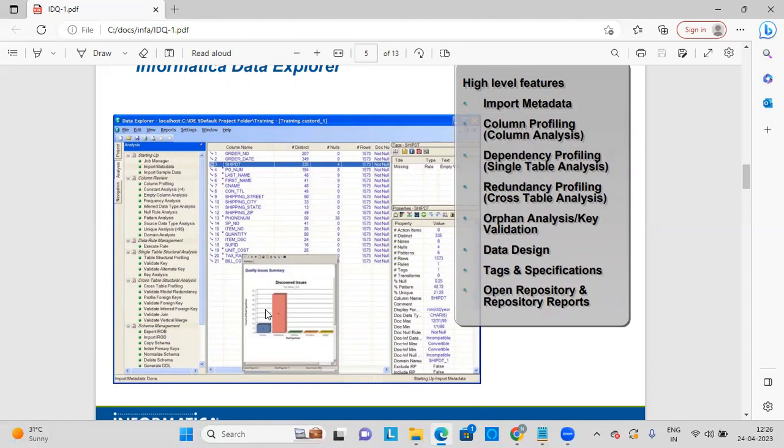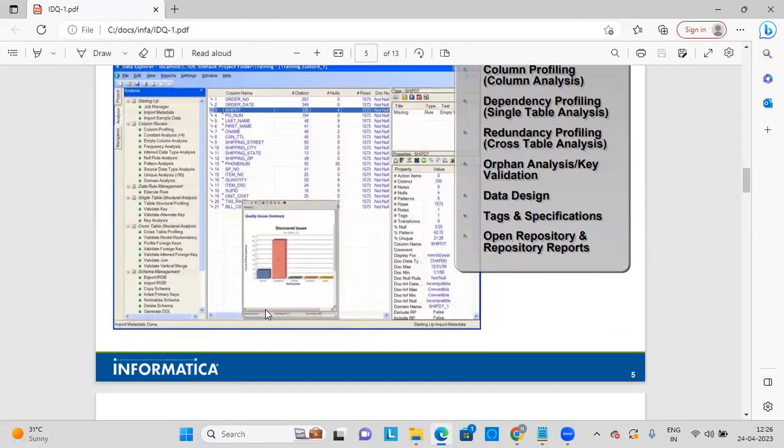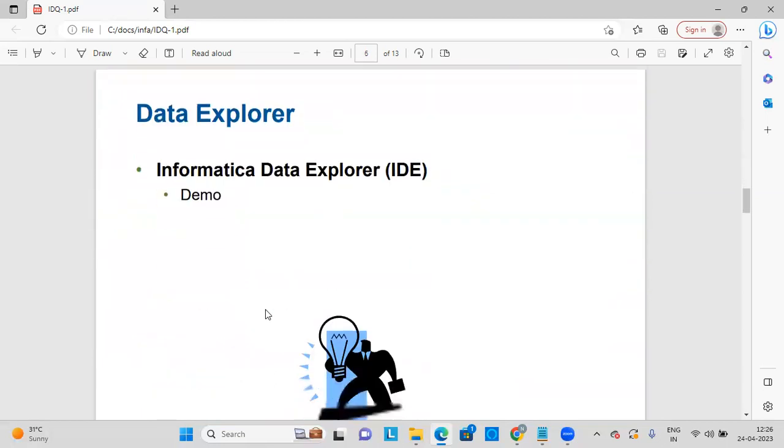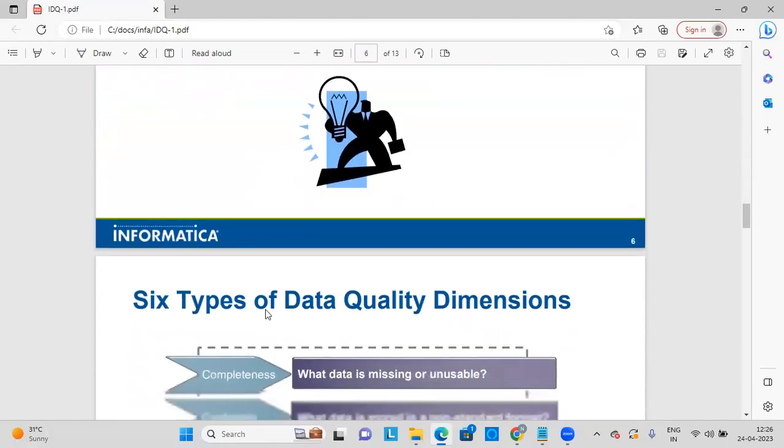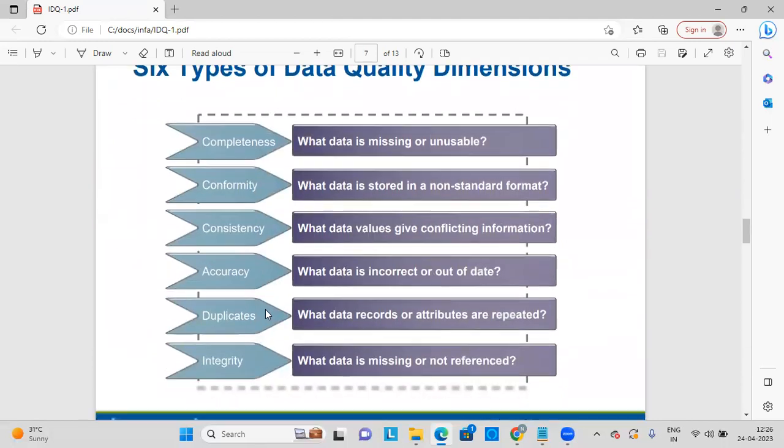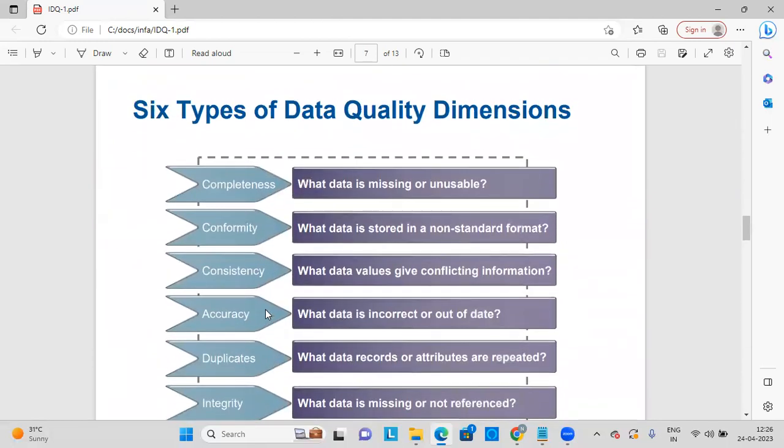Ultimately, here we use this particular explorer to take care of identifying the issues. So issues will be part of analysis. So that's it about major features under analyst or explorer.